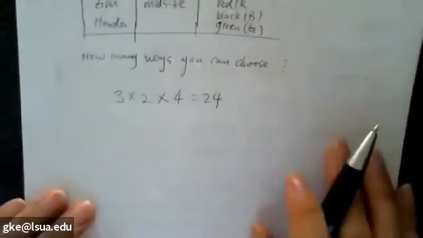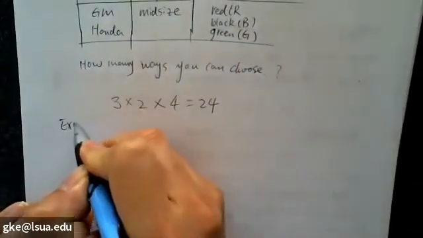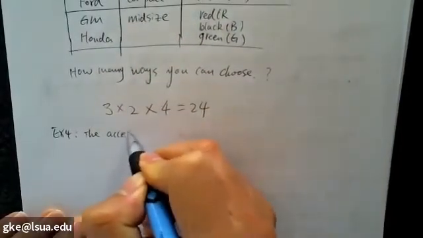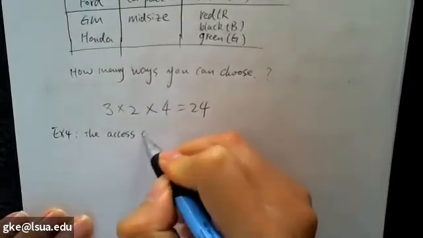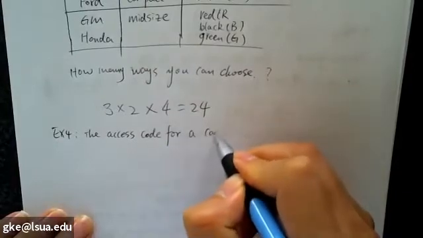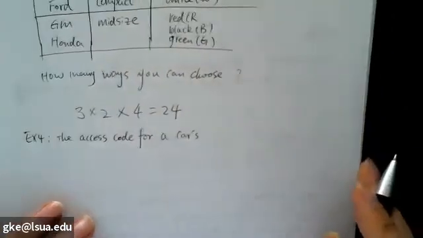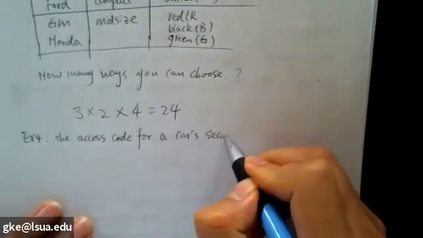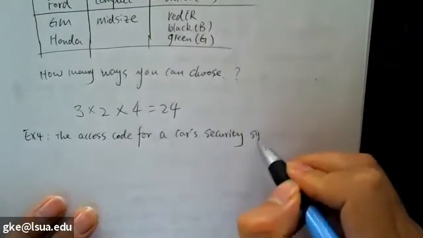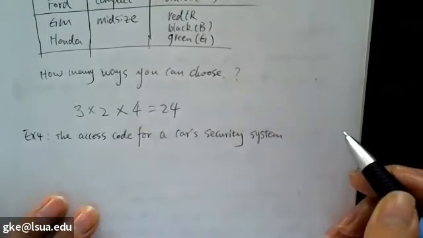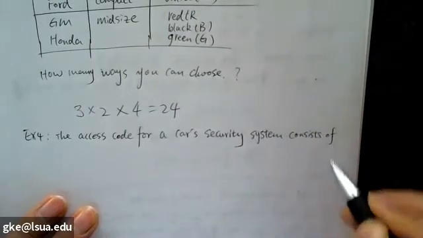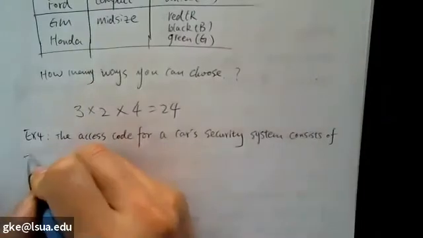Example 4. The access code for a car's security system consists of 4 digits.